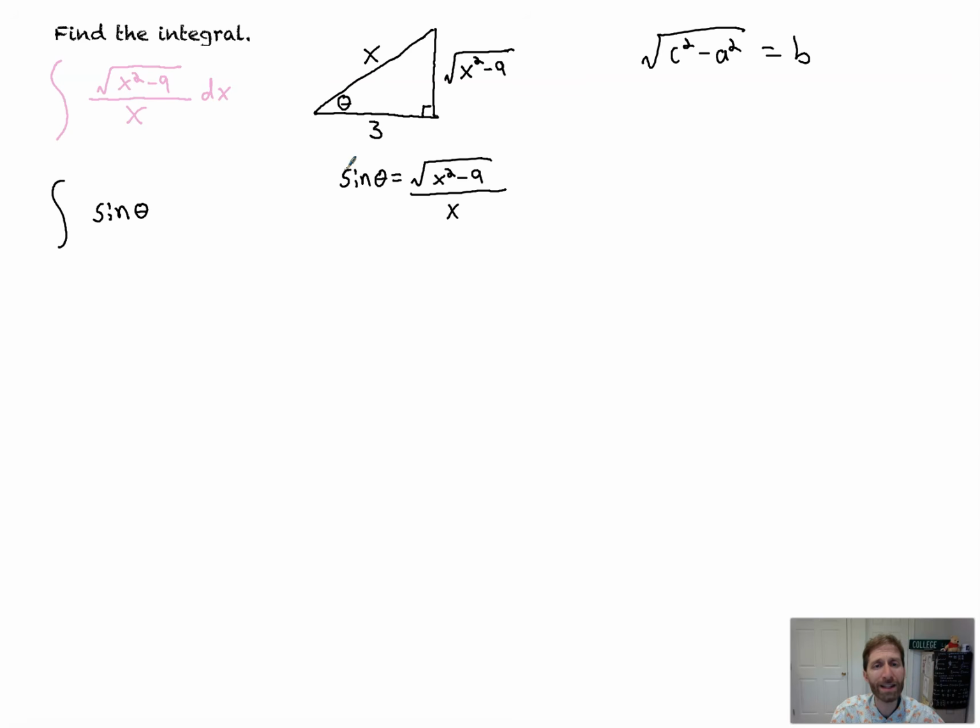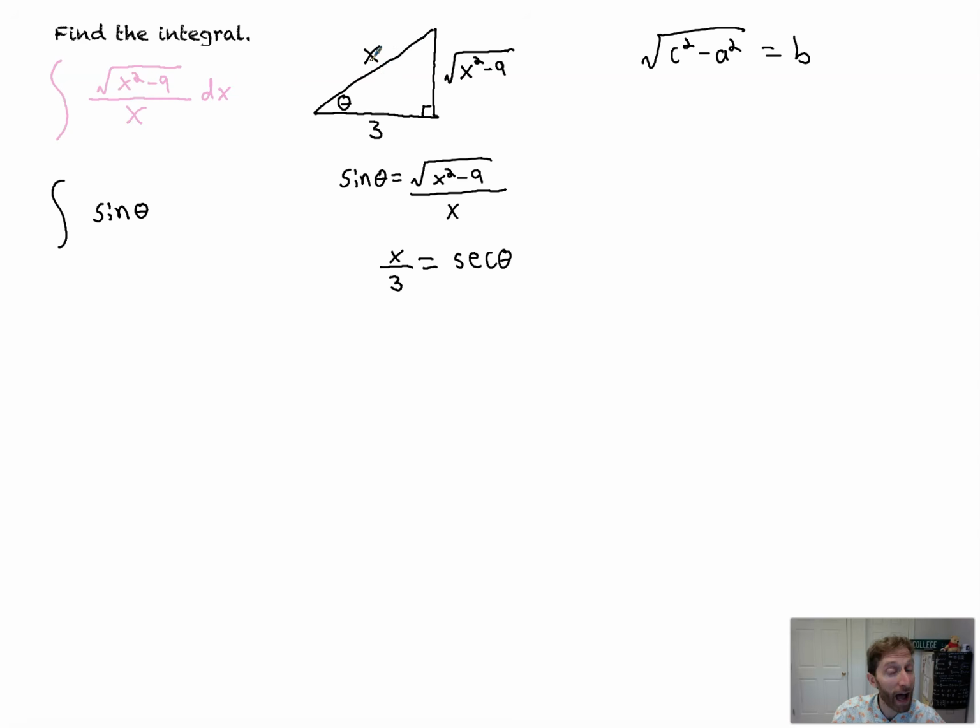We need to figure out what dx is. To find dx, I'd have x over 3, right? So what's x over 3? Well, x over 3 is equal to, this is pretty cool, secant theta, right? How do we get that? Well, dx is what you want.